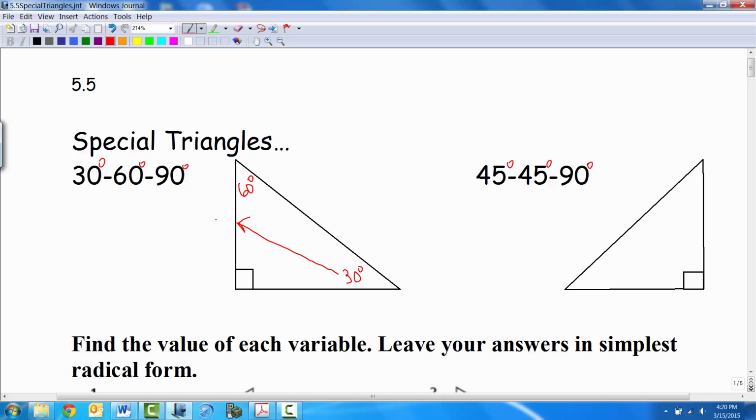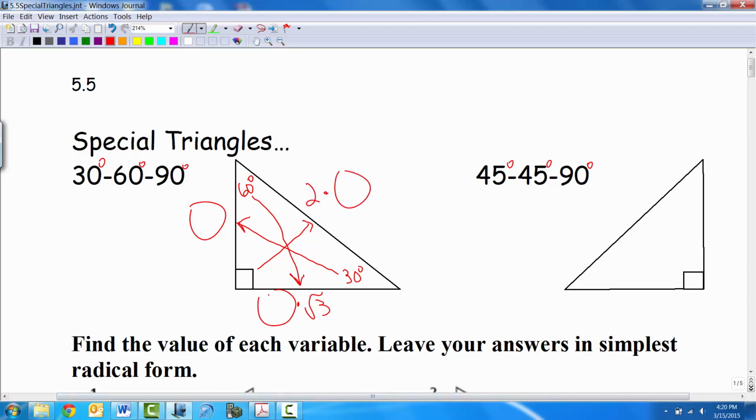So whatever number is on the 30-degree side, the 60-degree side is that number times the square root of 3. And then the side opposite the 90 is whatever this side is times 2.